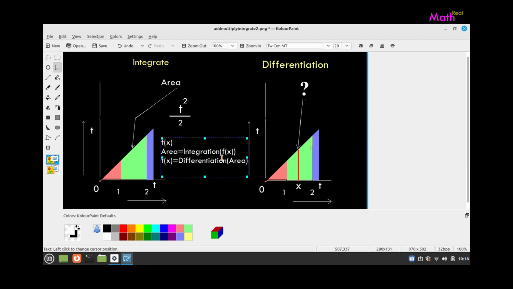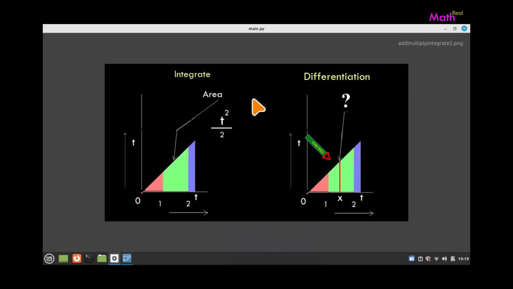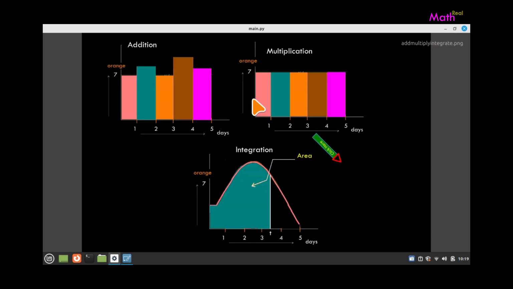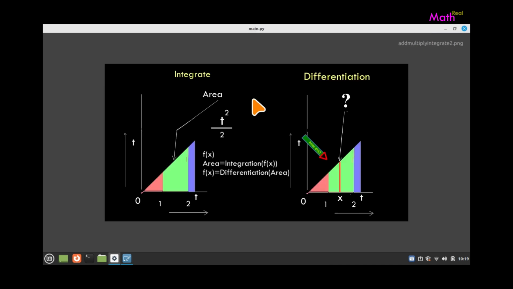If f(x) is a function, so here the function is t. So this is f(x), and the area is the integration of f(x).